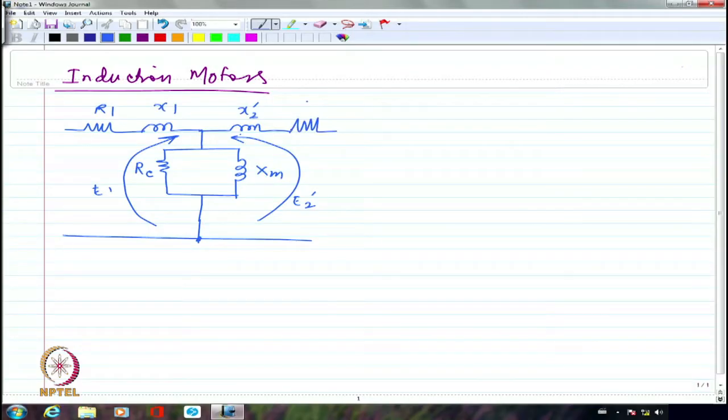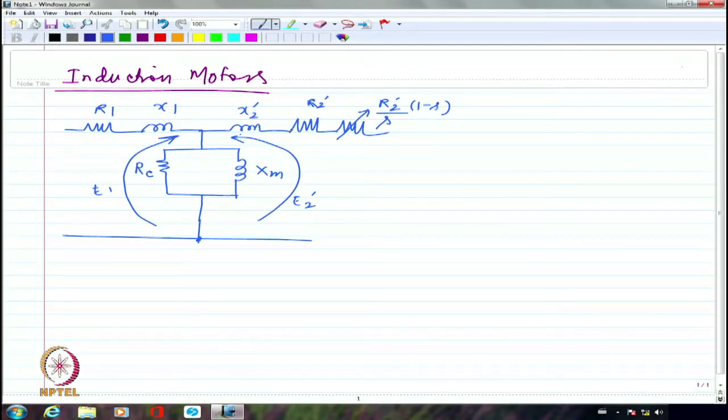One we wrote as R2 dash, which is the inherent resistance of the rotor transformed into the stator side. And we wrote one more portion of the resistance which represents the mechanical power, which we showed as a variable resistance, R2 dash by S multiplied by 1 minus S. Right? That represented the mechanical power.